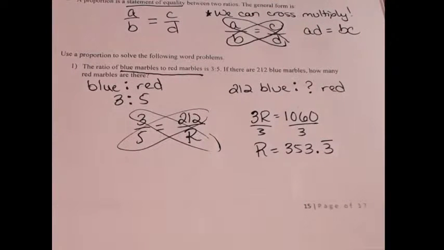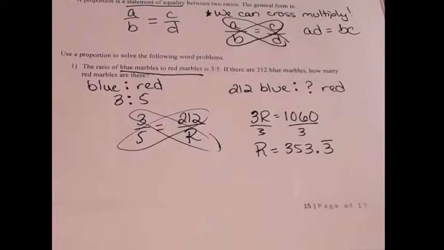But it's a word problem. And the word problem asks, how many red marbles are there? I mean, I guess you could be pretty slick and say, oh, you have 353 marbles and a third of another one, right? So a broken marble. I mean, if you wrote that, I would totally be like, yeah, okay, you're right. That's hilarious and you're totally correct.